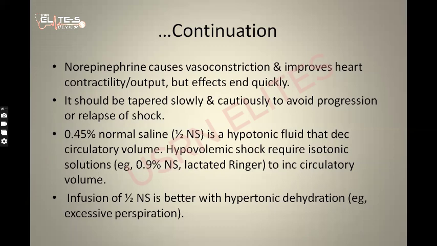Okay. Now, with respect to the resuscitation fluids too, like I said before, 0.45% normal saline, I mean that is half, okay? 0.45 is half of the 0.9. That's why you have this thing here. Okay, so it's a hypotonic fluid, which is not ideal for treatment of what? Hypovolemic shock.